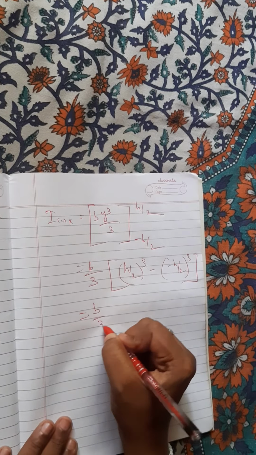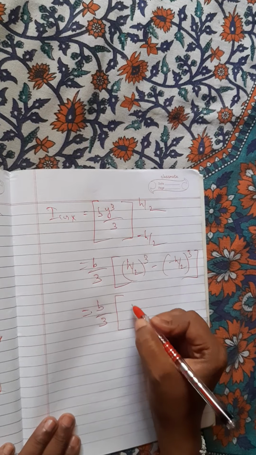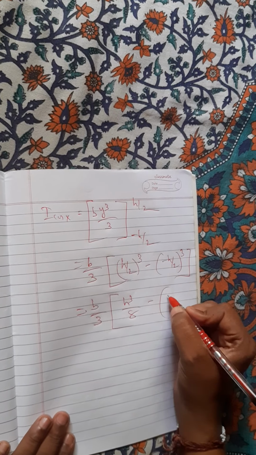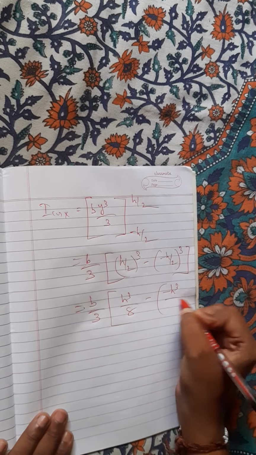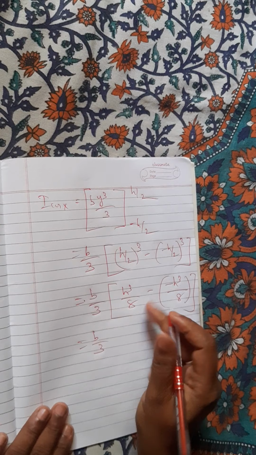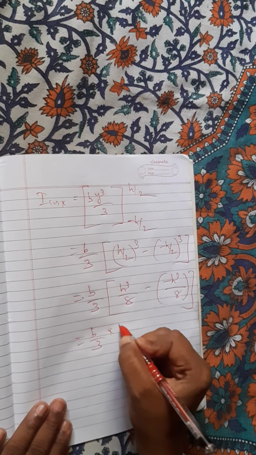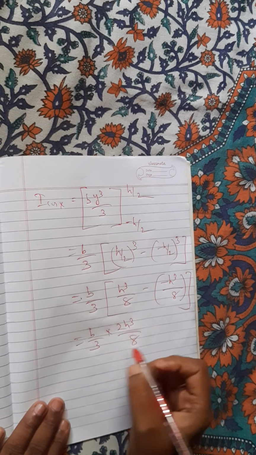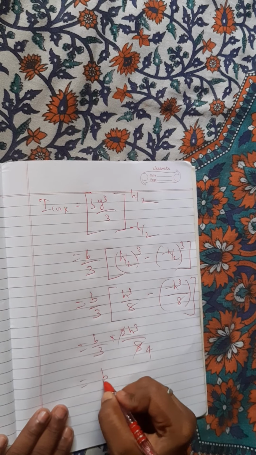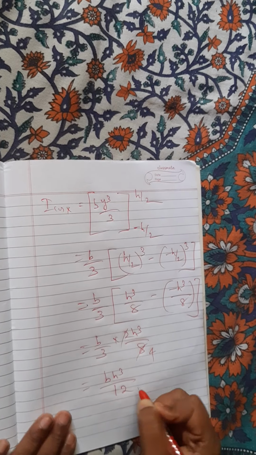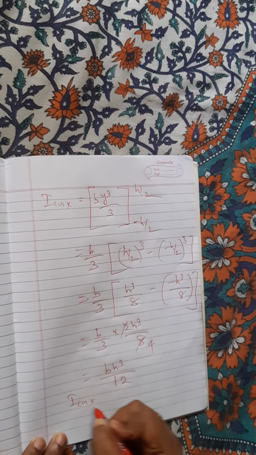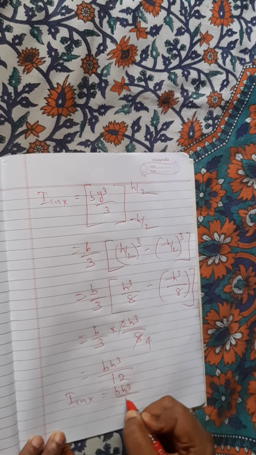So b by 3 outside, h cube by 8 minus, cube is minus, so minus h cube by 8. So b by 3 into, minus plus, 2h cube by 8. The 2 and 8 get cancelled, so we get 4. So bh cube by 12. That is, ICGX is equal to bh cube by 12.